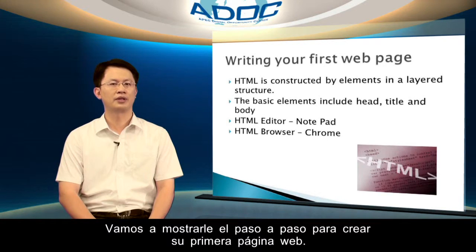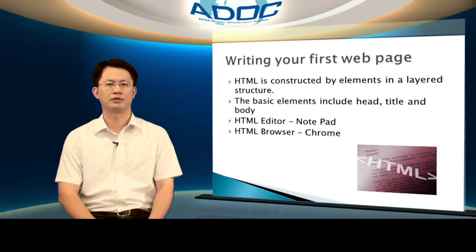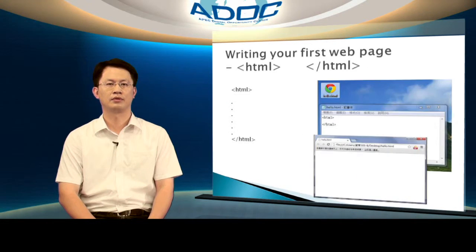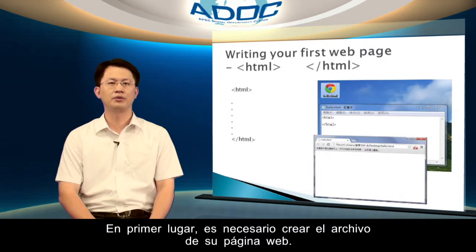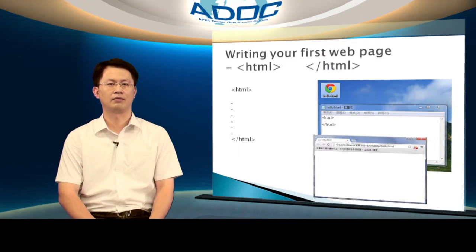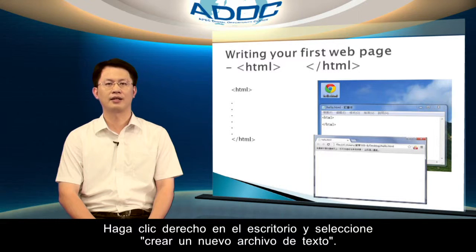We will show you step by step how to create your first web page. First, you need to create your web page file. Right-click on the desktop and select create a new text file.